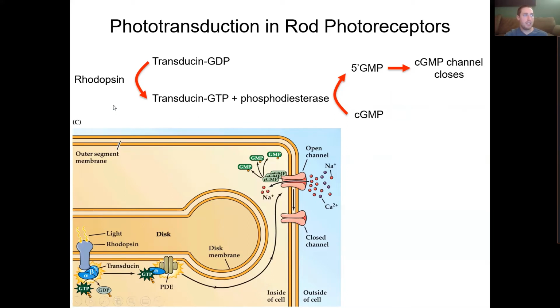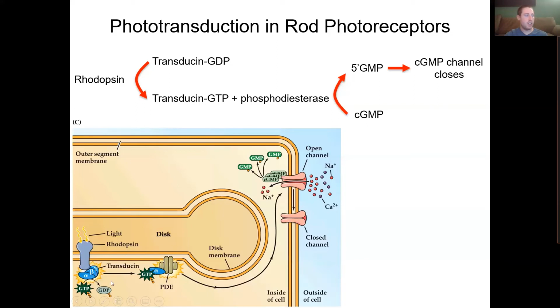But rhodopsin is a G-coupled protein, and when it's activated, it activates its G protein, and its G protein is transducin. So specifically, transducin goes from binding GDP to binding GTP. Now it's ready to do work.